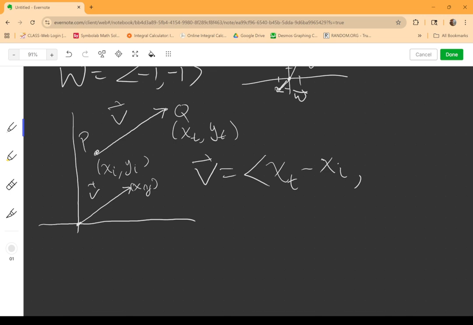In this case, order matters. Okay, so we'll always start with the terminal point, and then y sub t minus y sub i. And that is how I change my vector in space into component form, in standard position.